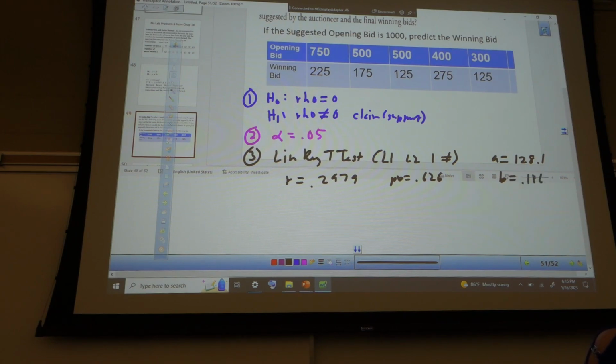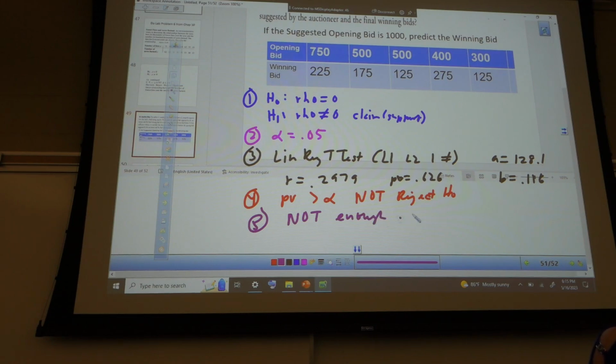Great. And then step 4, since our p-value is greater than alpha, we're going to not reject H naught. So then in step 5, we'd say there is not enough evidence to support a correlation.